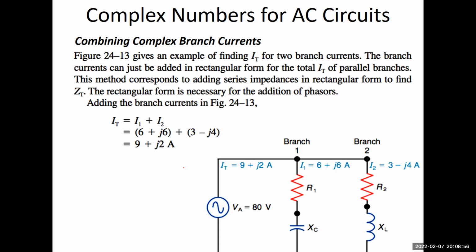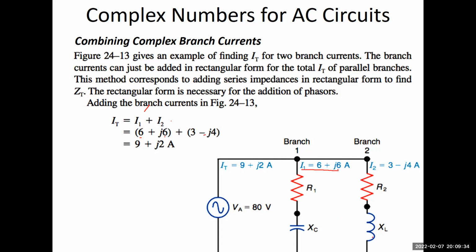So again, we have branch 1 of R1 and XC, and then branch 2 of R2 and XL. So for example, no, we have I1 of 6 plus J6 and then I2 of 3 minus J4.